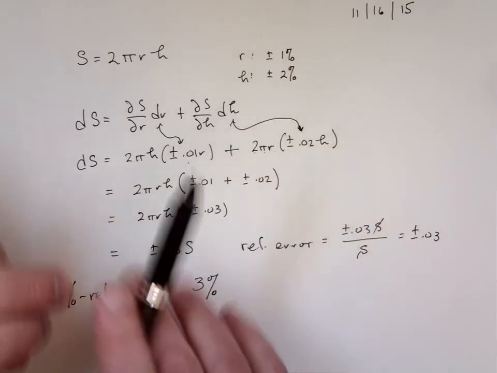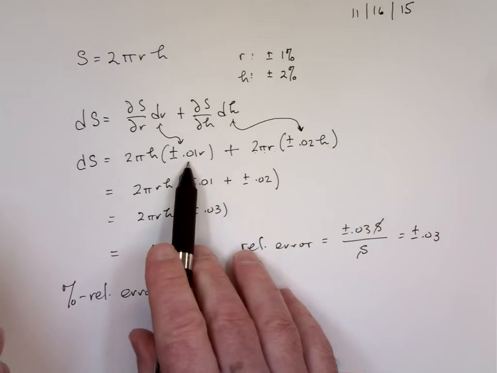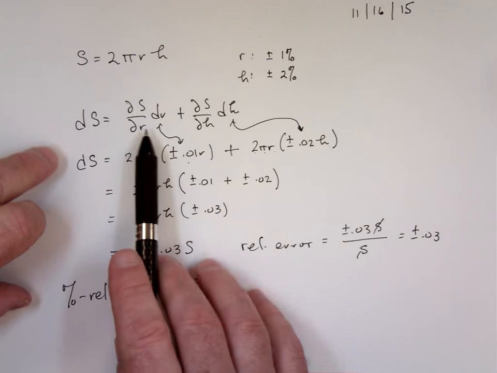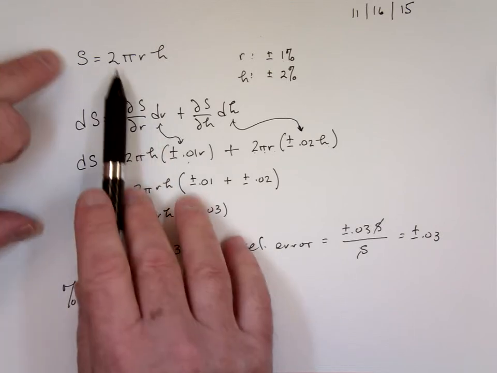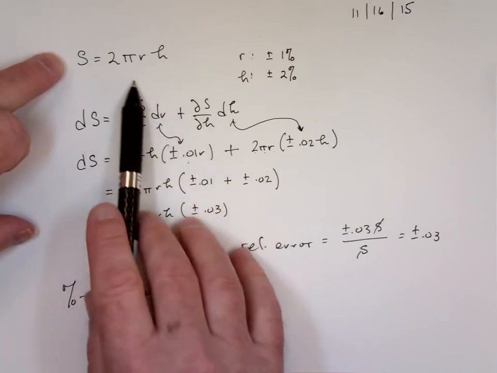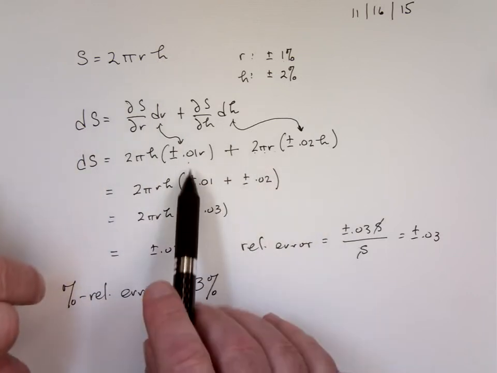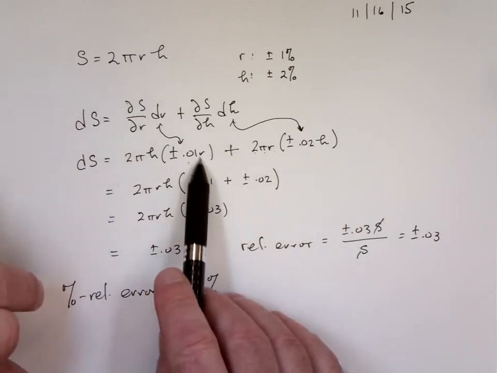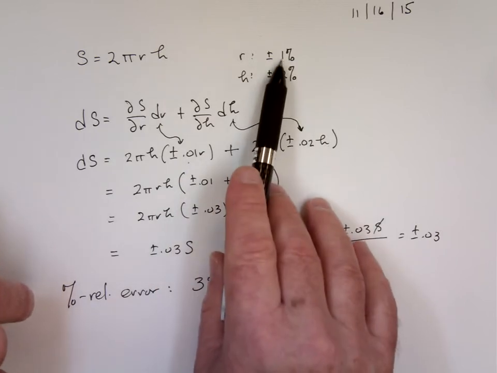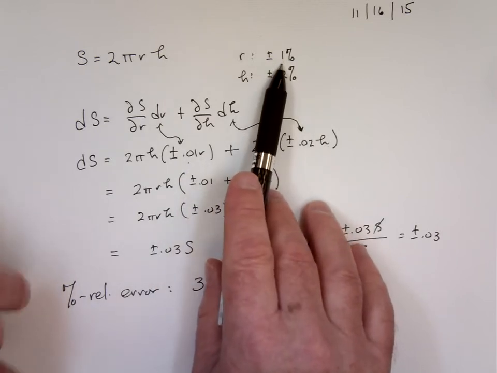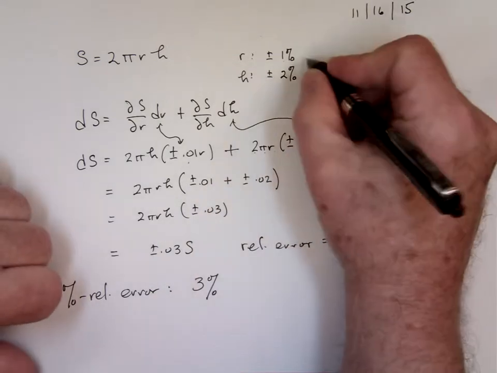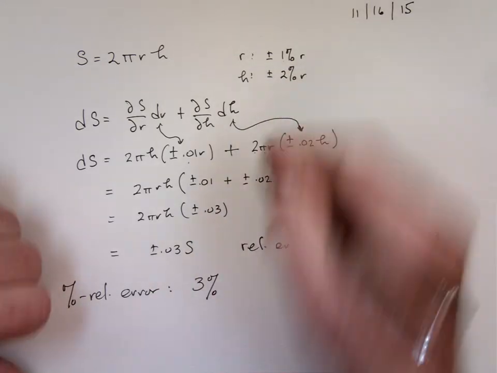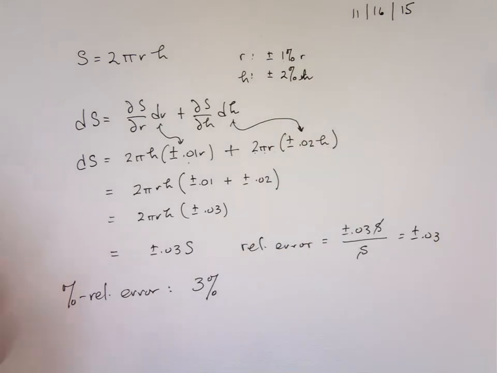Where are you getting the r from? What does a 1% error mean? It means 1% of r. I probably should have written it there. Oh, h here. That would make more sense. Good call. Thanks, Kyle.